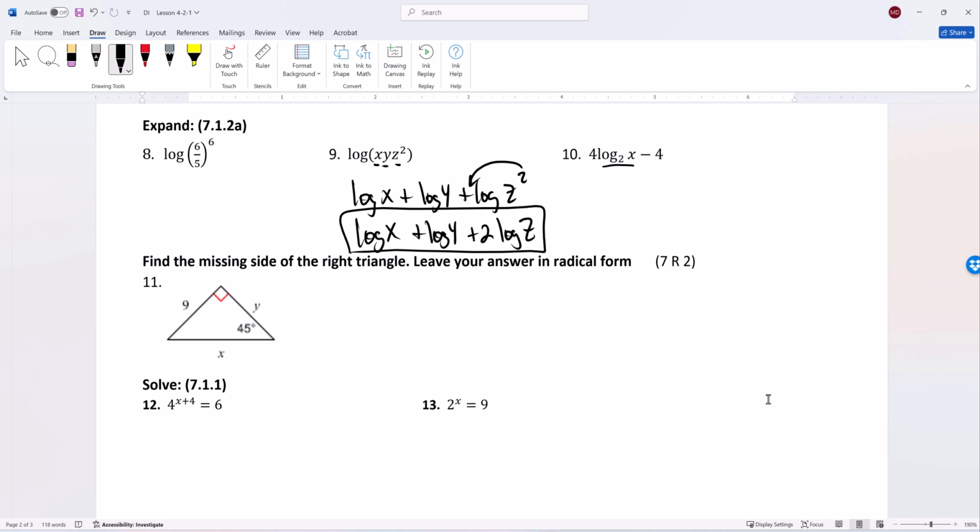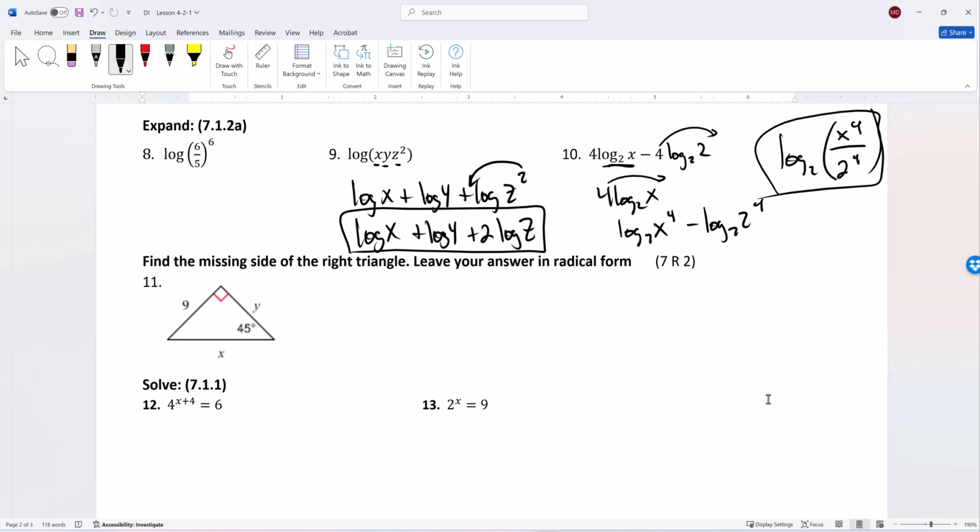And then this, since it's log base 2, I have to unsimplify it. And then minus log base 2 of 2 to the 4th. And so this will become log base 2 of x to the 4th over 2 to the 4th.